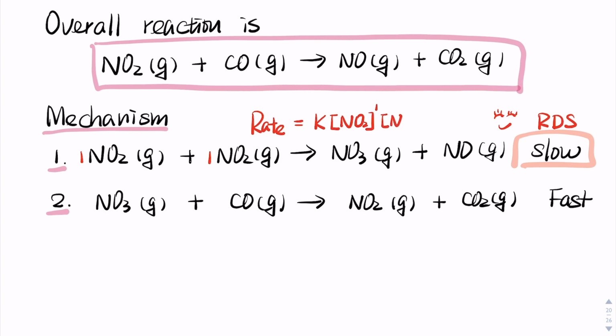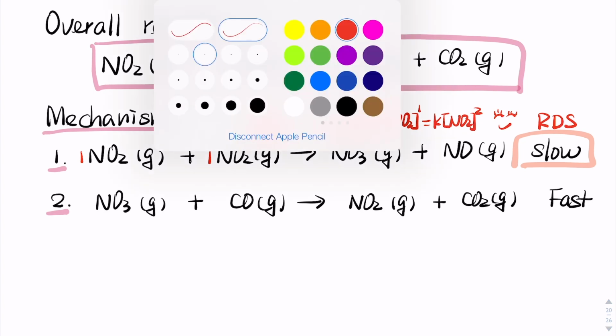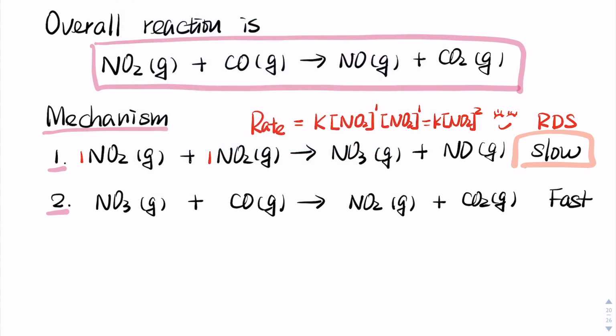And NO2 to the first power. Then you recognize we have NO2 twice, so we can reorganize this expression into k[NO2]^2. That's it. And if people did experiments, the observed rate law for this overall reaction is also what we have proposed. So this matches.